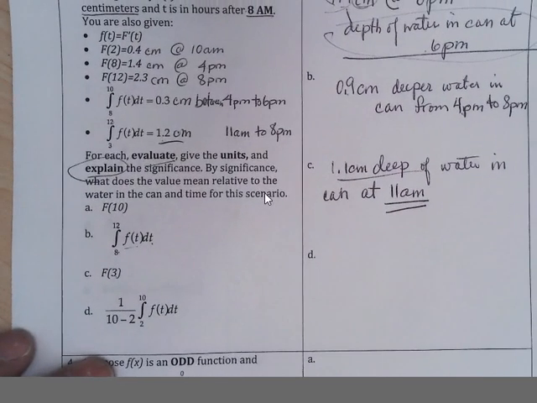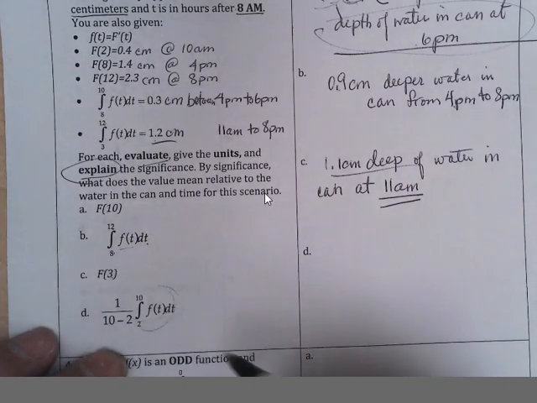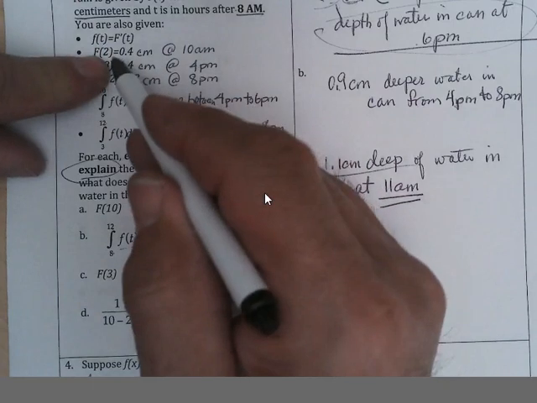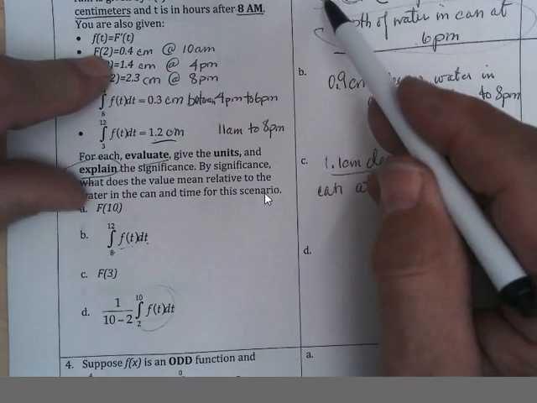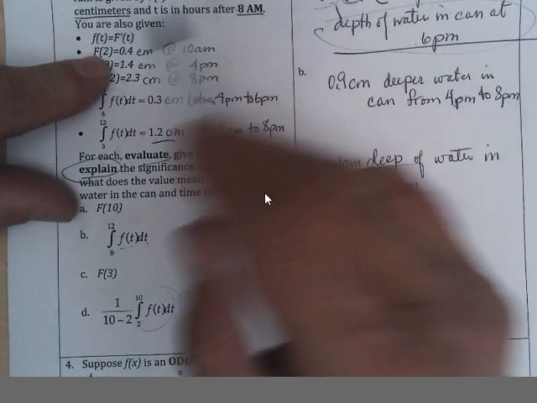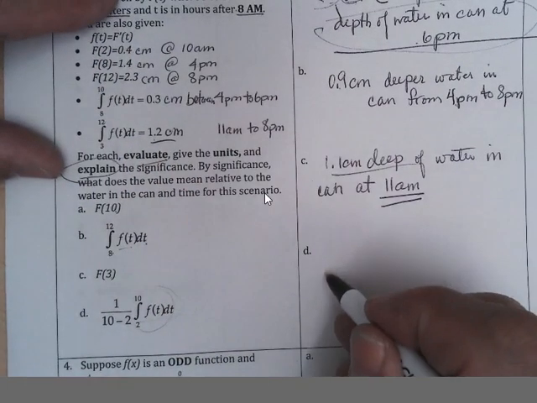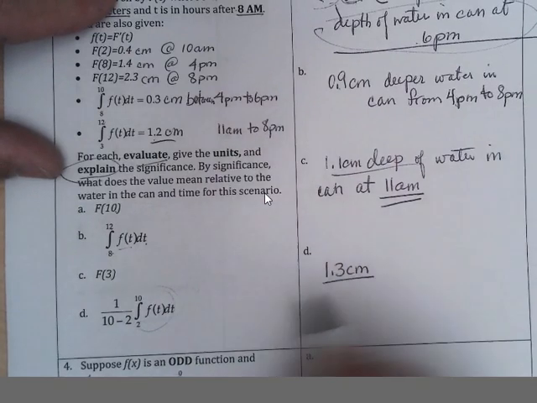And now, finally, how much did it increase from 2 to 10 hours after 8? So this is the increase. So from 2 till 10 it was at 1.7, at 2 it was 0.4, so it increased by 1.3 centimeters.